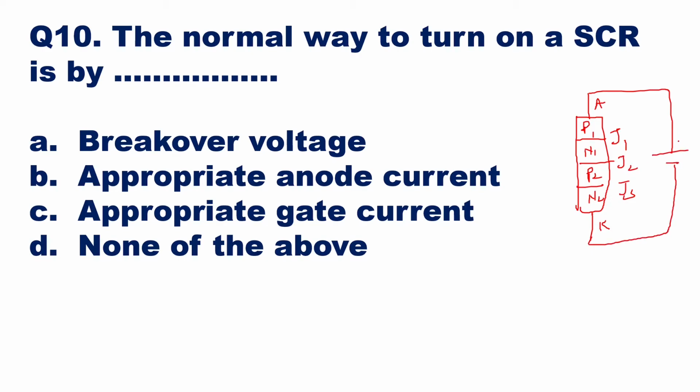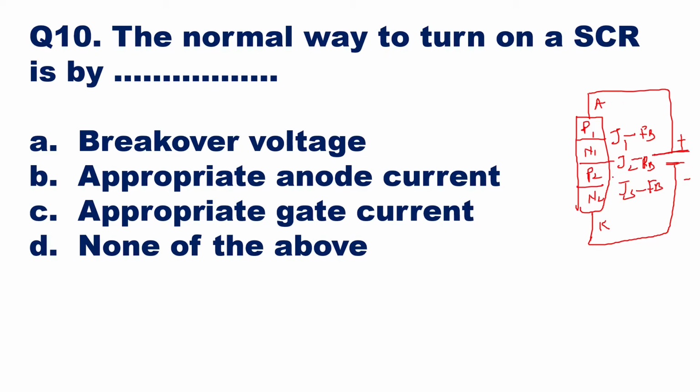Now once you apply this type of polarity of the voltage, junction J1 will become forward biased, junction J2 will be reverse biased, junction J3 will be forward biased. Now in this case, if you increase this voltage very high, then the second junction will go into breakdown. Now that increase in voltage is not practically recommended.